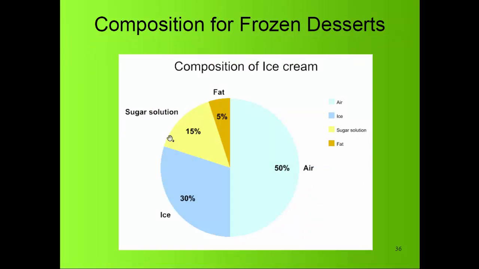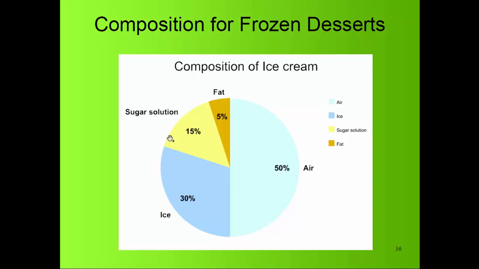If we look at the composition of frozen dessert, this is something with 100% overrun. We took a gallon of mix and got 2 gallons of ice cream. We whipped in 50% air. So up to 50% of ice cream, which is the maximum allowable by the FDA, is air.